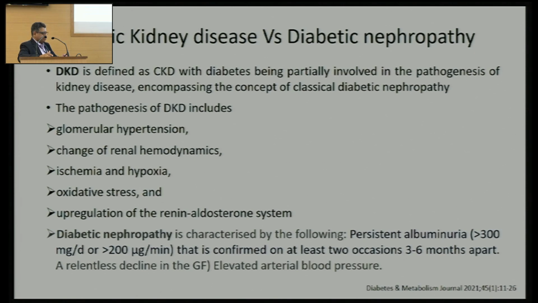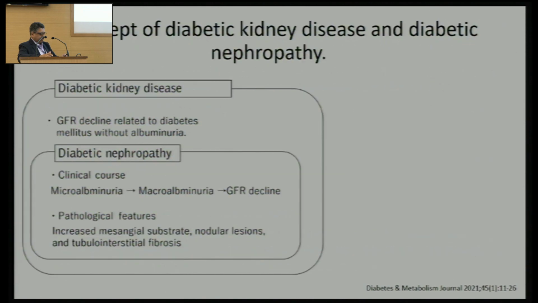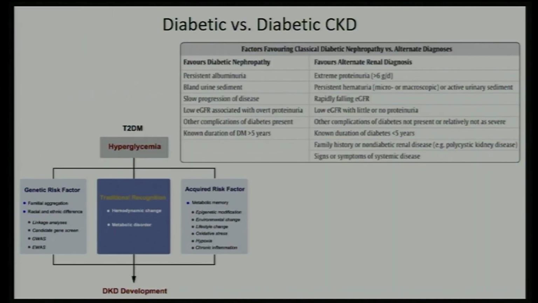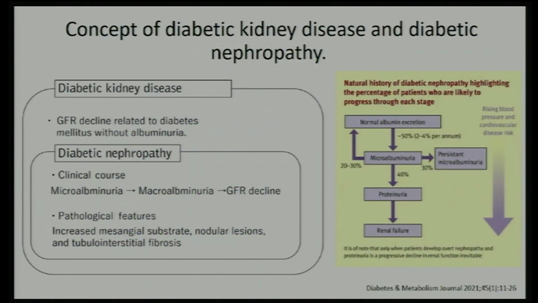So all these things contribute. Diabetic nephropathy is part and parcel of DKD, but all DKD is not diabetic nephropathy. So the next question is how to differentiate, because all diabetics may develop a glomerular disease.